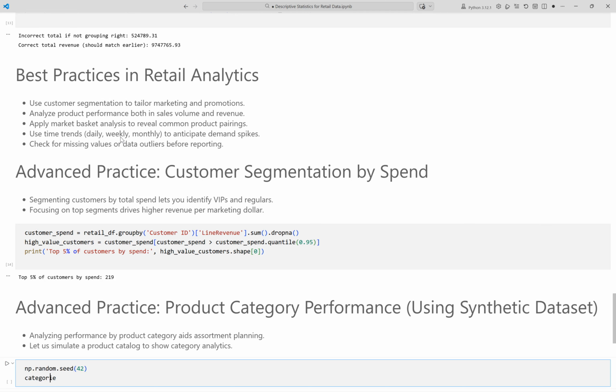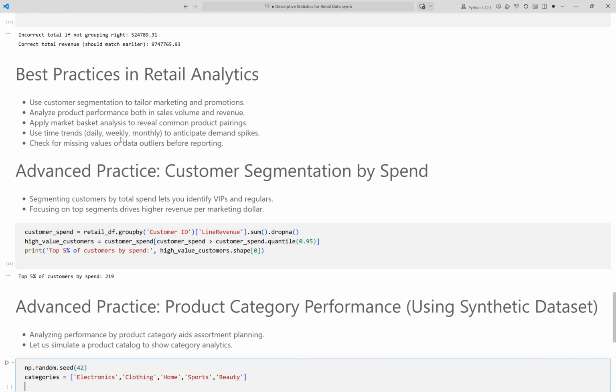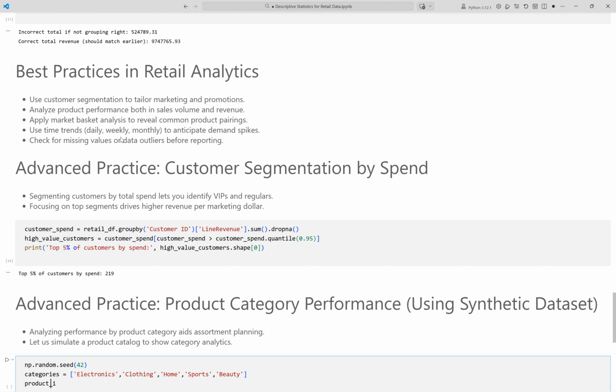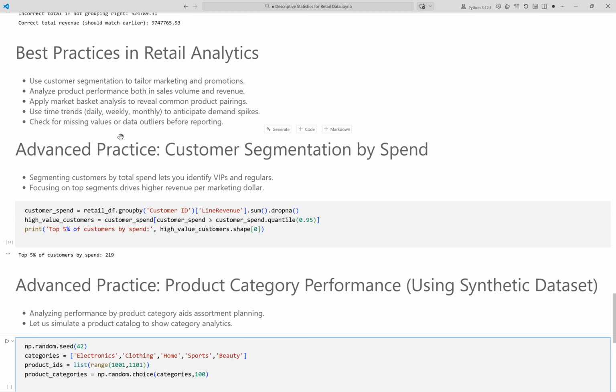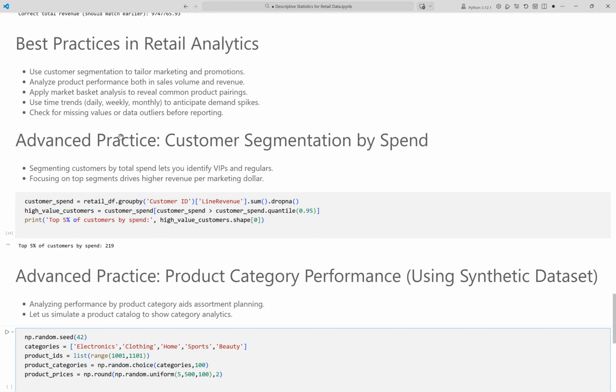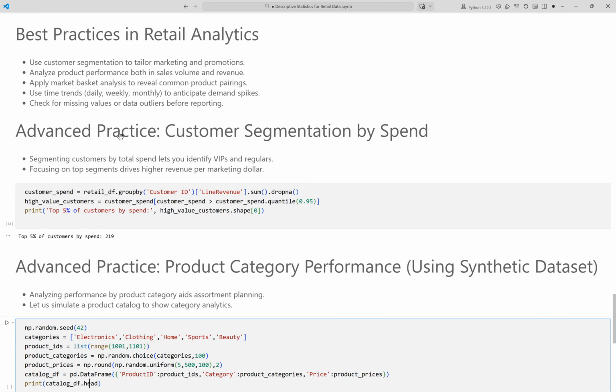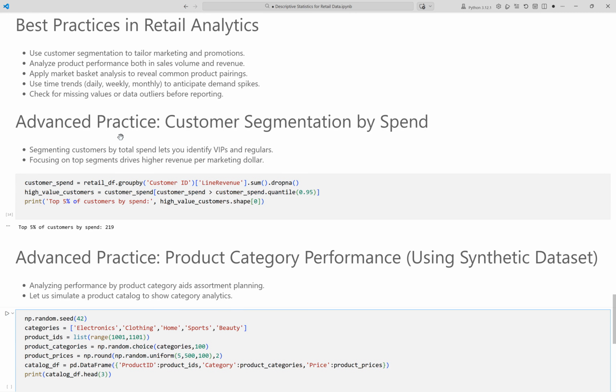We define common product categories found in stores. We create product IDs for 100 products. We randomly assign products to categories for realism. We randomly set product prices between 5 and 500. We assemble a data frame to mimic a catalog table. We display the first few products in our synthetic catalog.